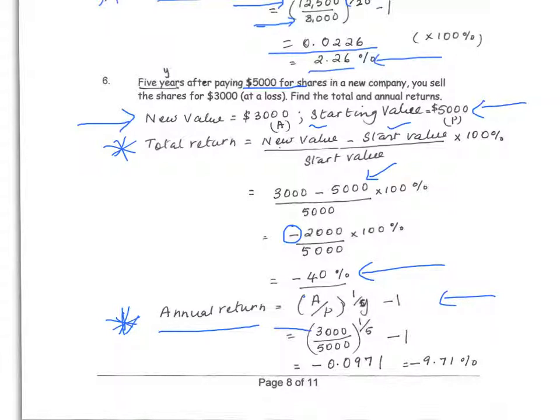But whatever that final value is for which you sold it, it is your accumulated amount, which is unfortunately less than the amount that you put into the investment. So 3,000 over 5,000 to the 1/5, minus 1, gives us negative 0.0971, and when we multiply it by 100%, we get negative 9.71%.